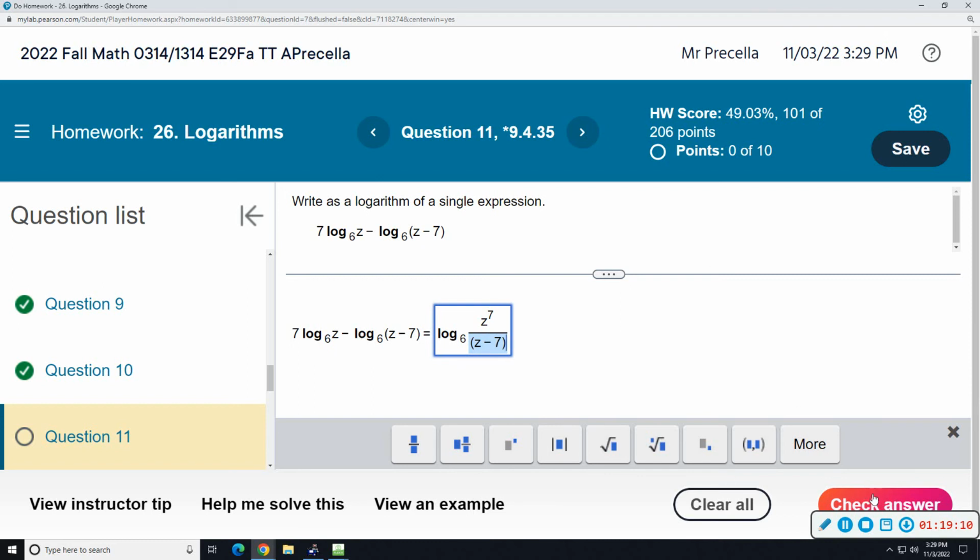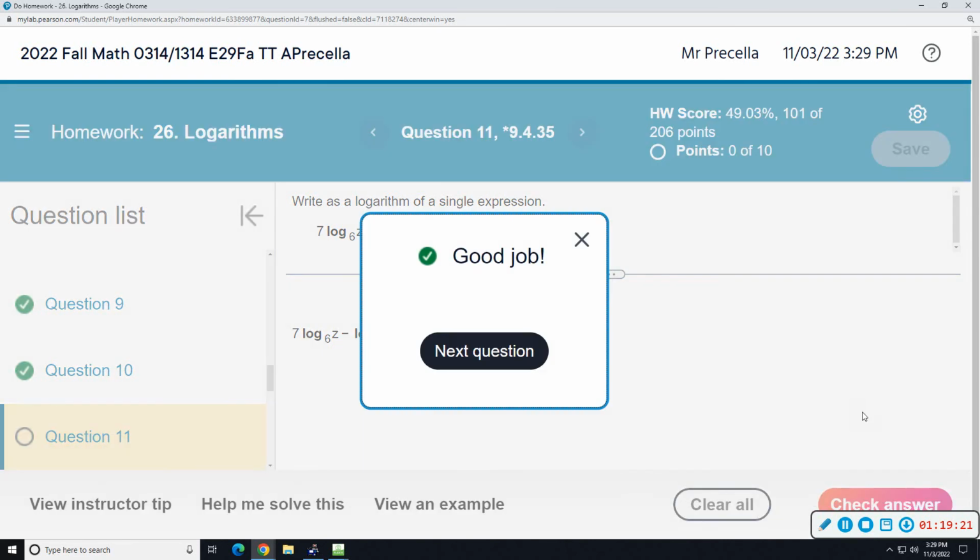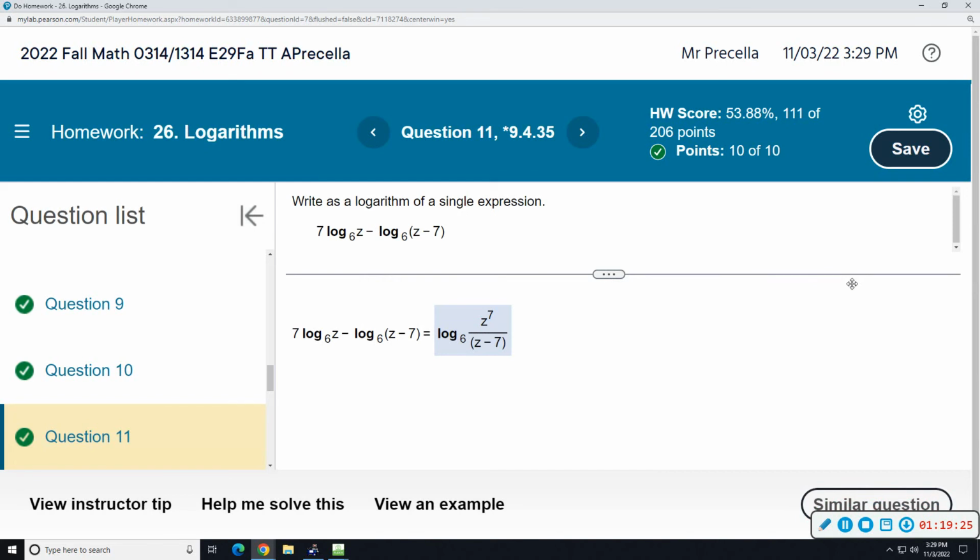This is the only time that you can have a z minus 7 and not put the parentheses, and they would accept it because it's all there together in a denominator. I still like to put the parentheses around it. Any questions there? There's not a lot of steps to it.